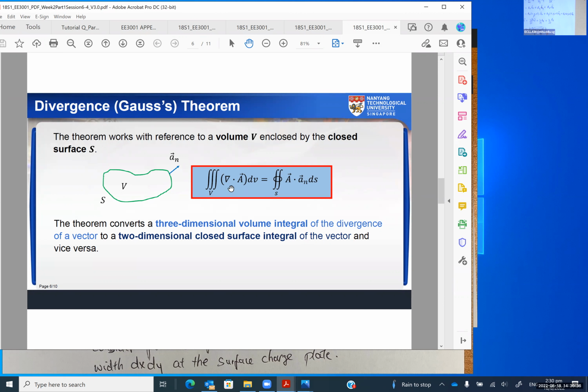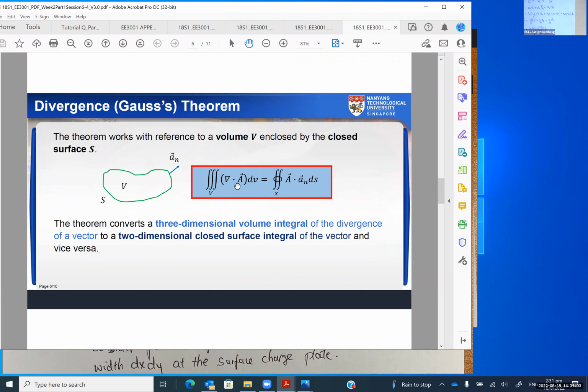Del dot A vector. So it's finding the divergence of the A vector. The answer of this will be a scalar, because it's a vector dot product, right? And they are integrating that scalar over a volume. A is some vector field.